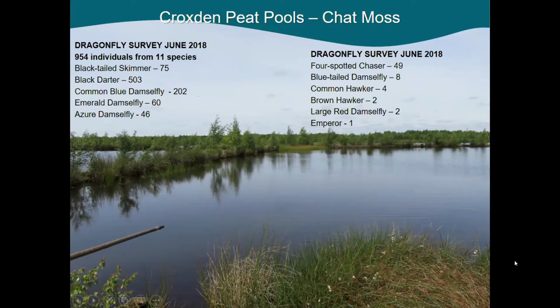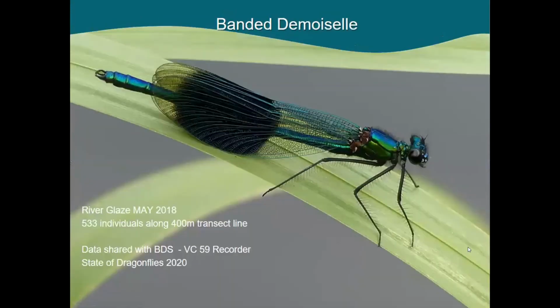But another survey that Dave did was along the Glaze Brook at Little Warden. And as you're probably aware, that's basically the boundary between Warrington and Salford, running down the middle of the brook. On his May 2018 survey, he obviously timed it just right for the key emergence time, and he recorded over 500 of these along a 400-meter stretch of the brook.